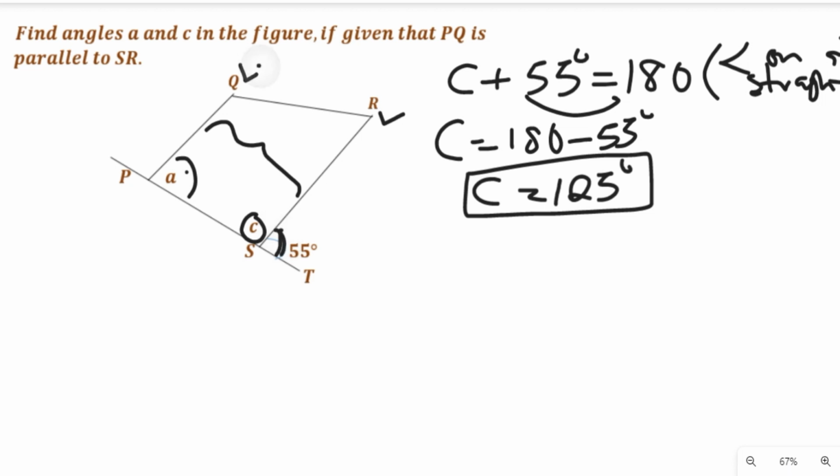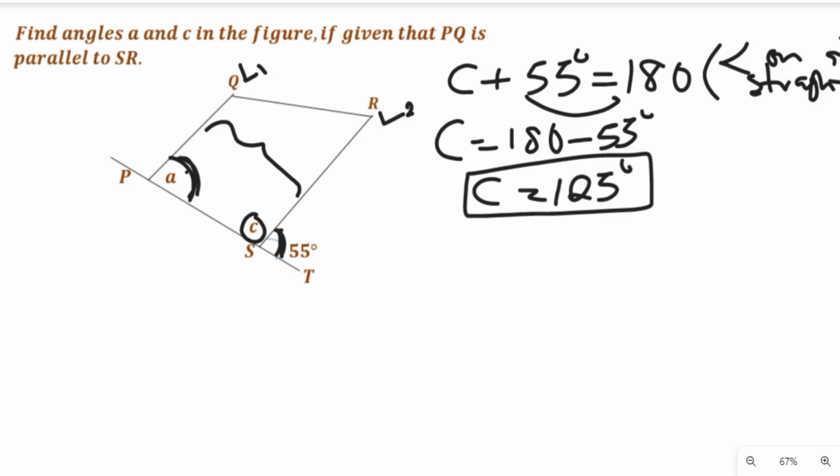On line 1, angle A is in this position of this line. On line 2, angle 55 is in the same position as A. So that shows that they are corresponding angles. They are in the same position, but on different lines.